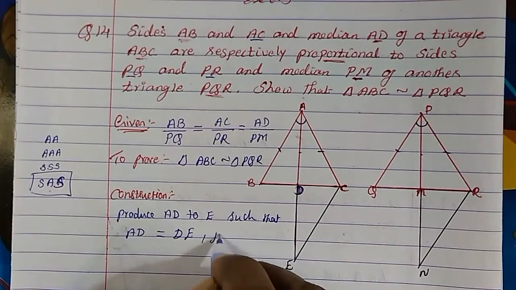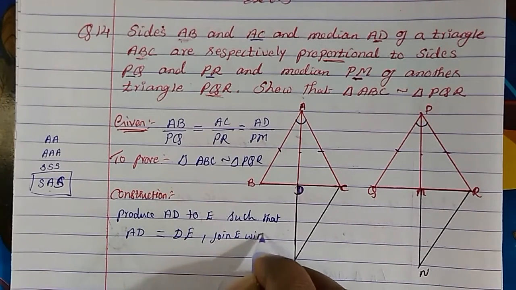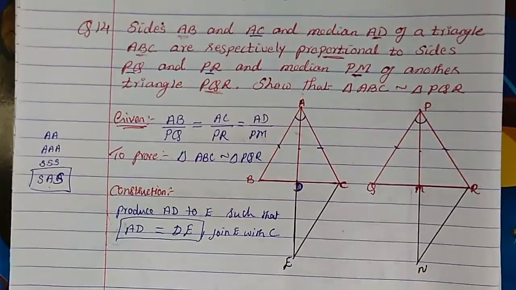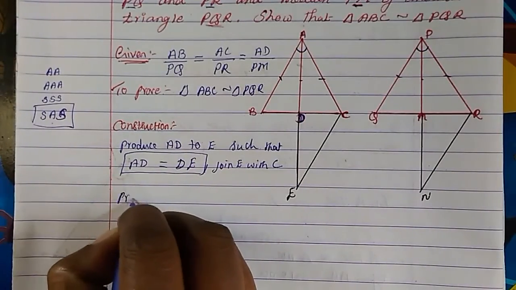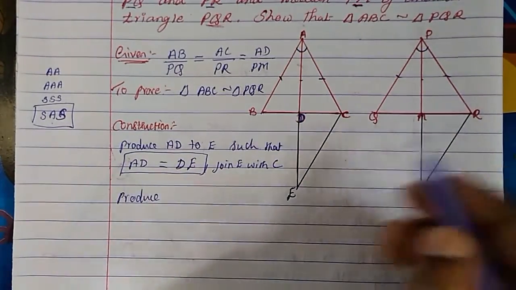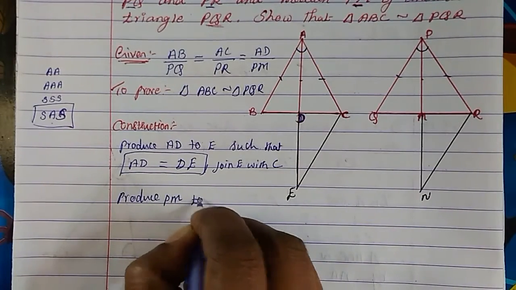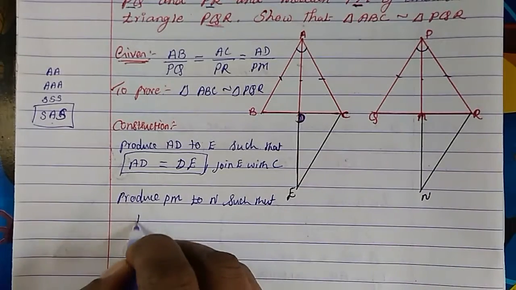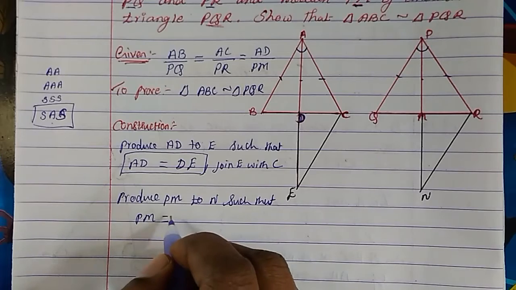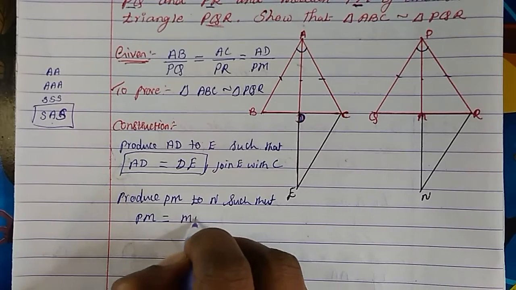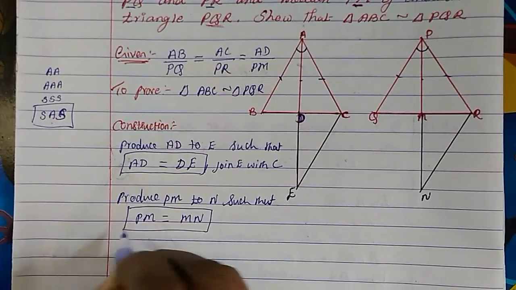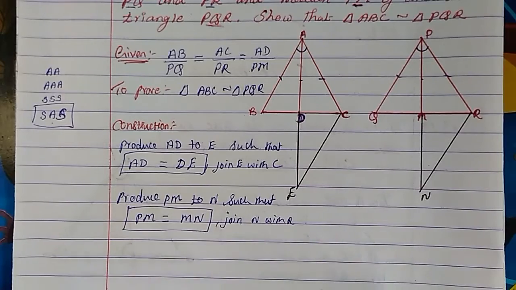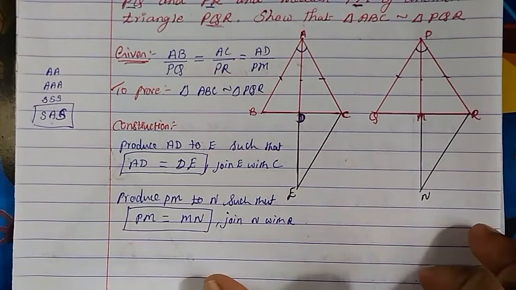Then we join E with C. Same way here also, produce PM to N such that PM is equal to MN. Then join N with R. Is it clear now? So that's our construction.